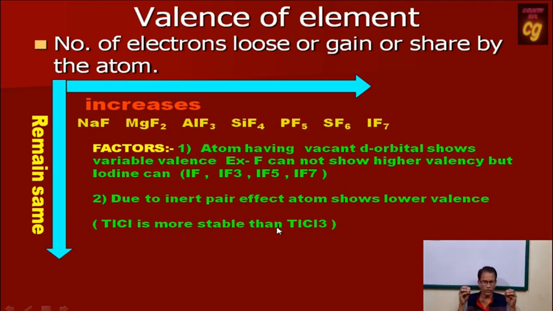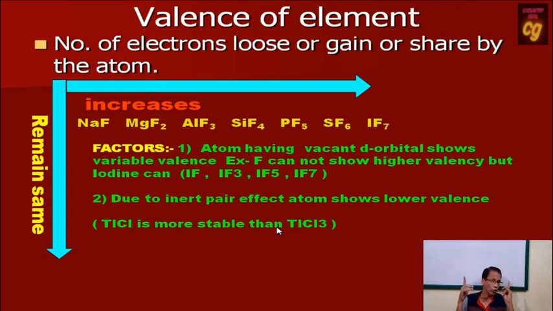So the conclusion is that if the inert effect is more, then the atom shows lower valency; the lower oxidation state will be more stable compared to the higher oxidation state.